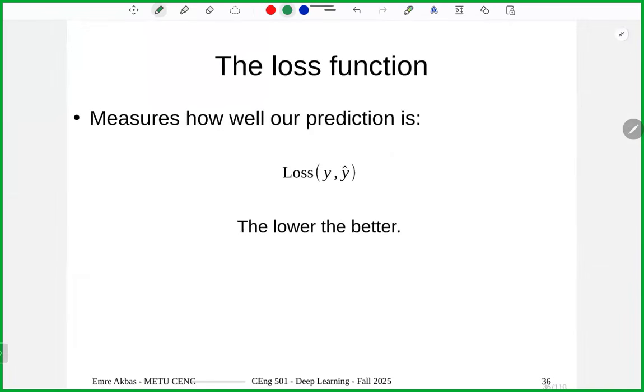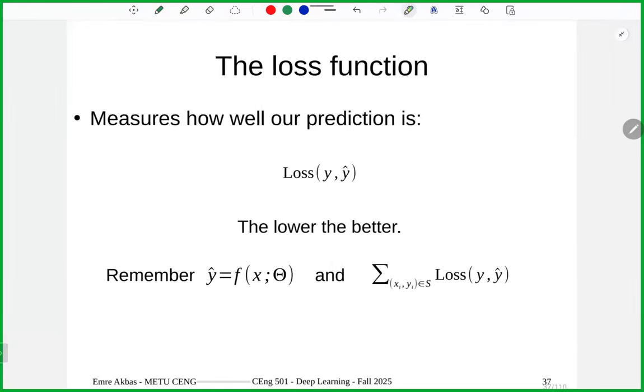So the loss function measures how well our prediction is, and we usually express it like this with the ground truth label and the predicted label. Of course, the lower, the better. And remember what y hat was? It's the output of the model on a specific input, parameterized with the model parameters.